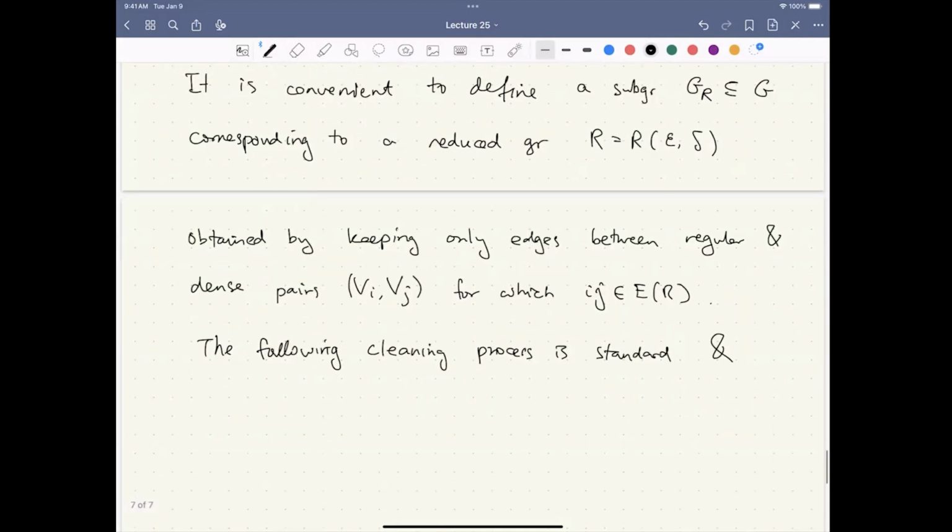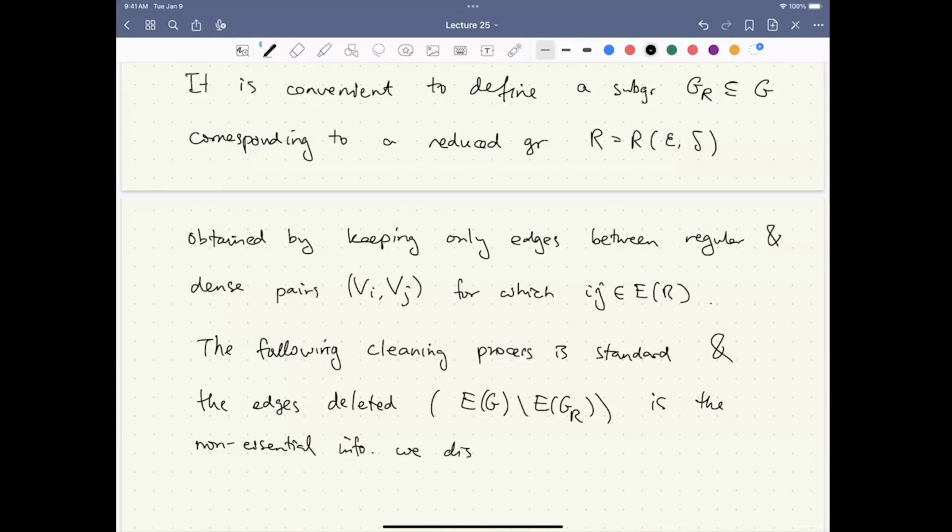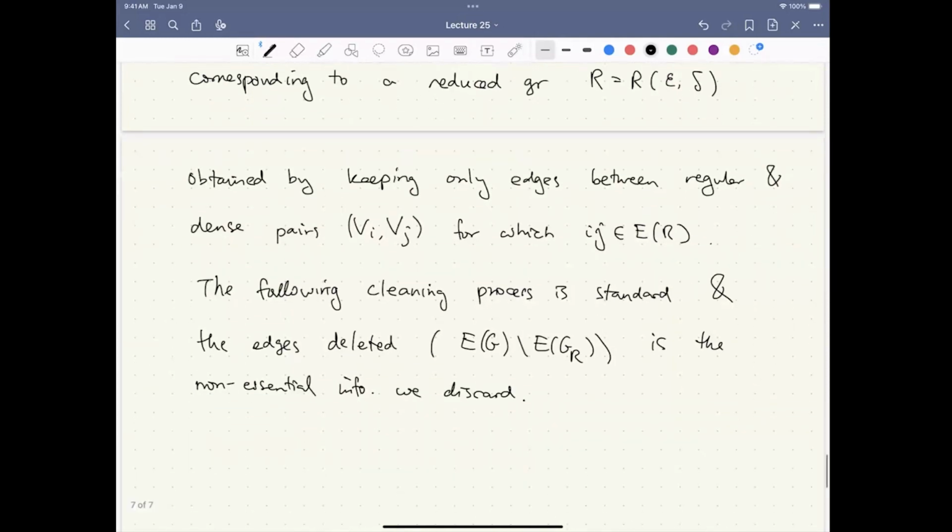The edges deleted, that means the edges not kept in G_R, are the non-essential information we discard when forming the reduced graph.